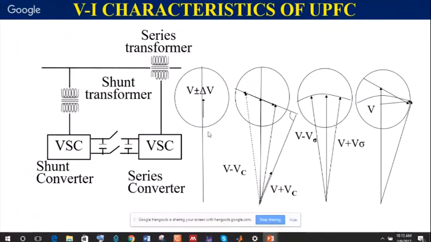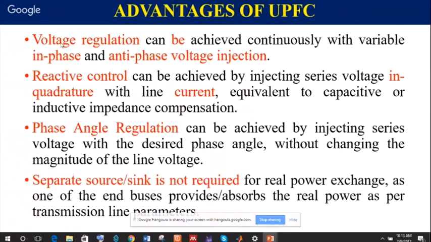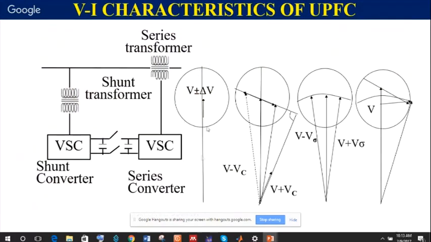Now, in the previous slide, as we have said, voltage regulation can be achieved continuously with variable in-phase and anti-phase voltage injection. So here, in the transmission line voltage, you add the voltage or you change the phase so that it will be in anti-phase, so that whatever desired voltage you want can be controlled.